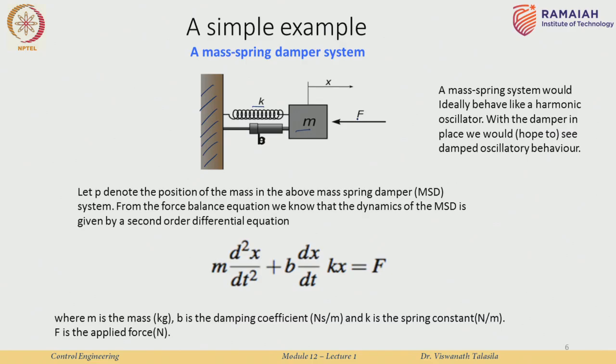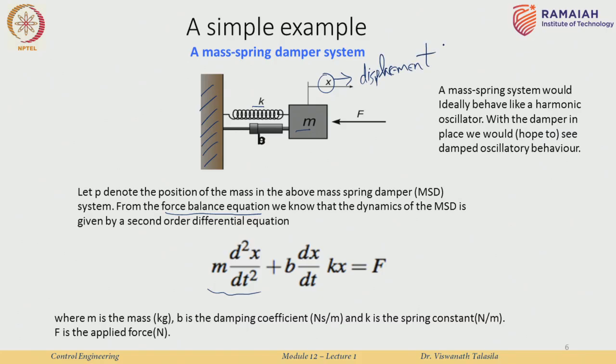Now, we know by the basic force balance equation that the total applied force is distributed among each of these 3 components. By Newton's laws, the component of force along the mass is mass times acceleration, where x is the displacement or the position of the mass.